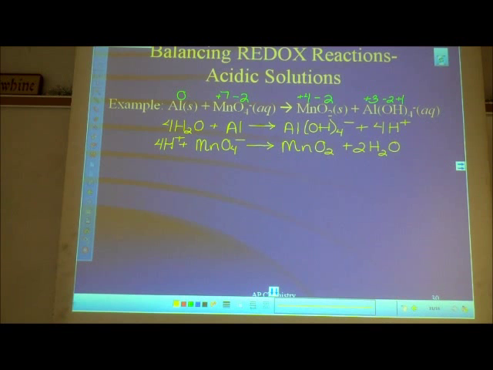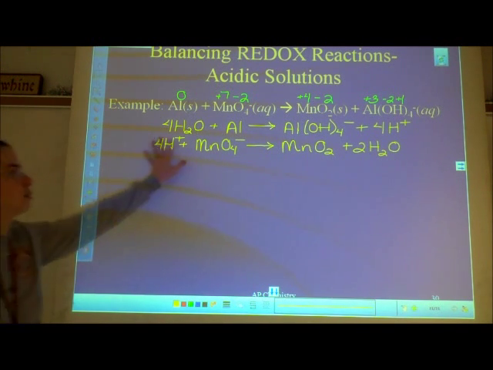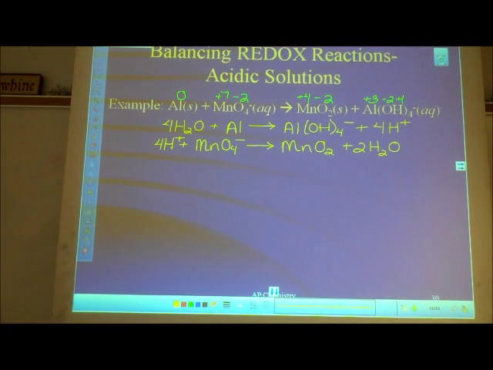The next step says, balance the charge using electrons. Okay? This is something that may be new to some of you. The reason that this is such a lengthy process sometimes is because you're not responsible for just balancing the elements. You have to balance for charge as well.